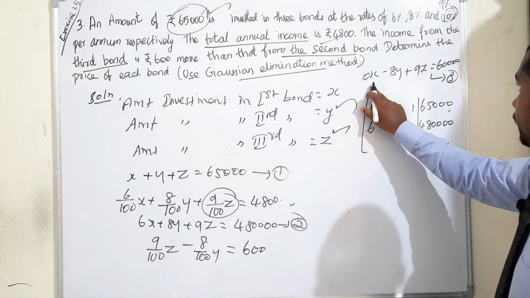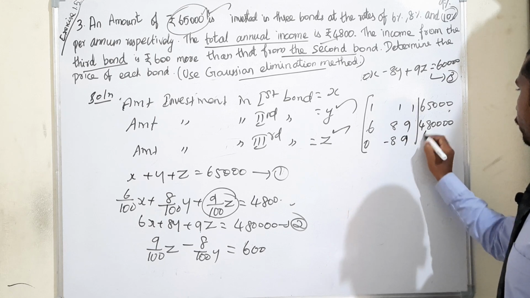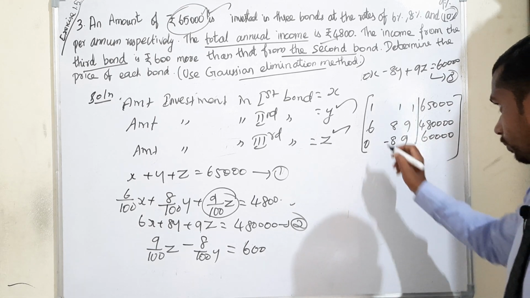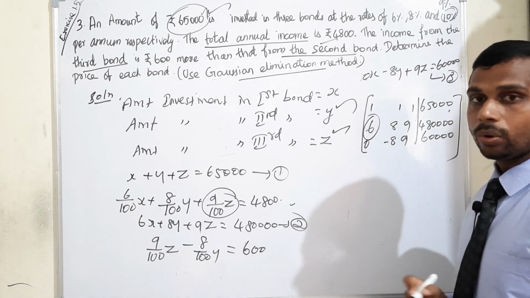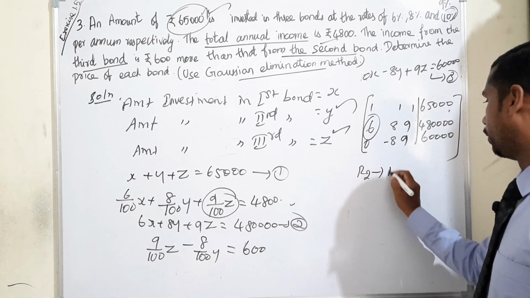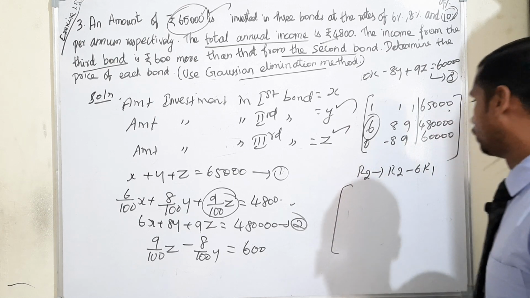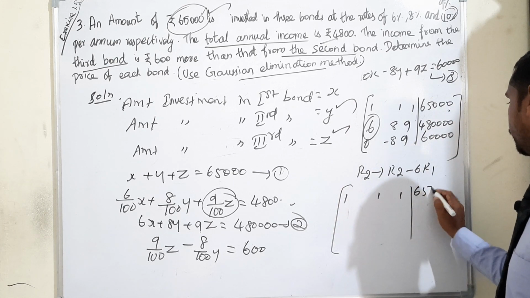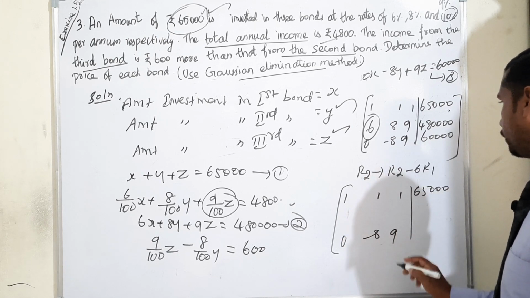Third one 0 minus 8 positive 9, 600. Now very simple, no? Under the term we have to make 0, because in the third row we already have 0, isn't it? So now R2 gives R2 minus 6 into R1. So R1 is 1 1 1, 65,000. R3 also as it is: 0 minus 8 positive 9.